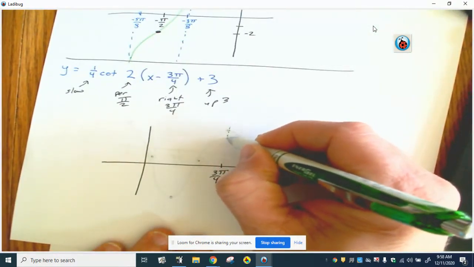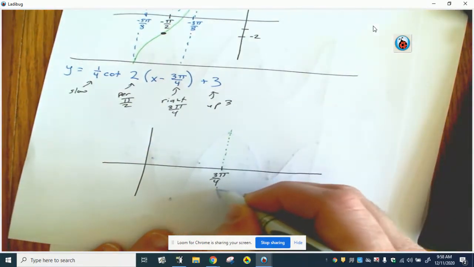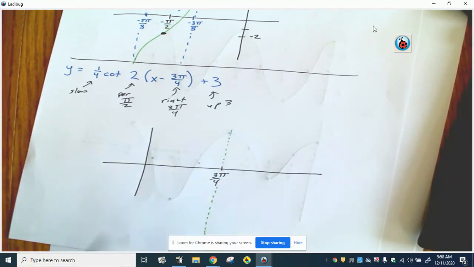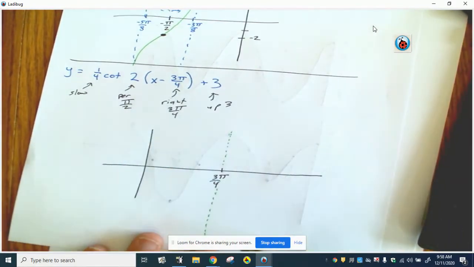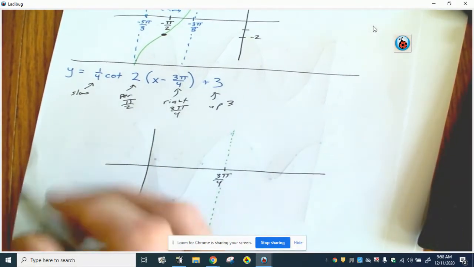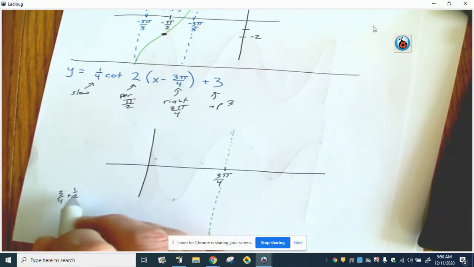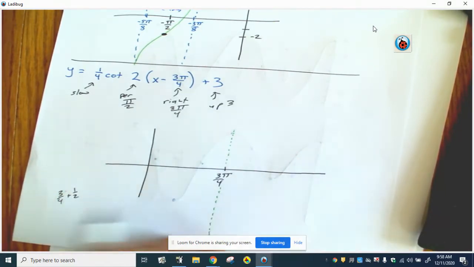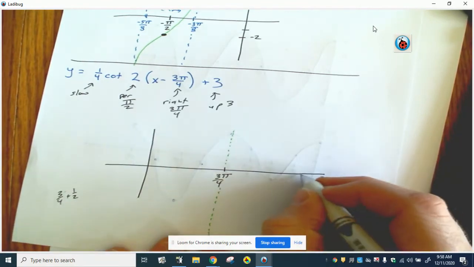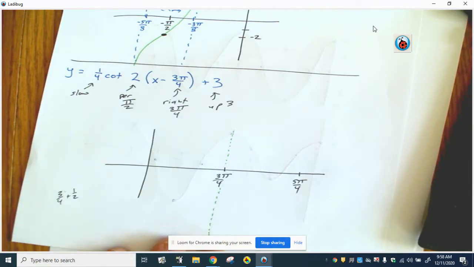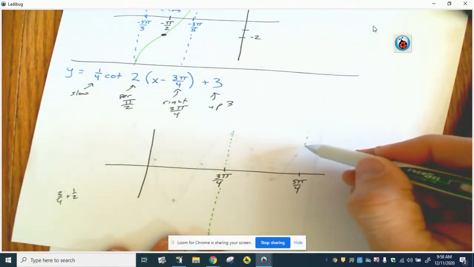Cotangent, it's not a midpoint, that's your first asymptote. And then I always want you to go to the right from there. So my period is a half. If I add 3/4 plus 1/2, well, that's the same as 2/4. So 3/4 plus 2/4 would be 5/4. And that's where my other asymptote is.